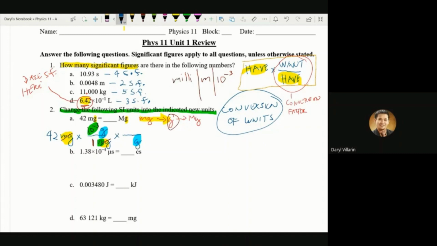Okay, again, the reason for that is the unit that I have, and then the unit that I want is megagram. So always start with that. Don't place the corresponding value when you try to do your conversion factor. So in identifying the conversion factor, do the placement first. What is the unit at the bottom and the unit on top? The unit at the bottom should be the same as the unit of your original or the given unit.